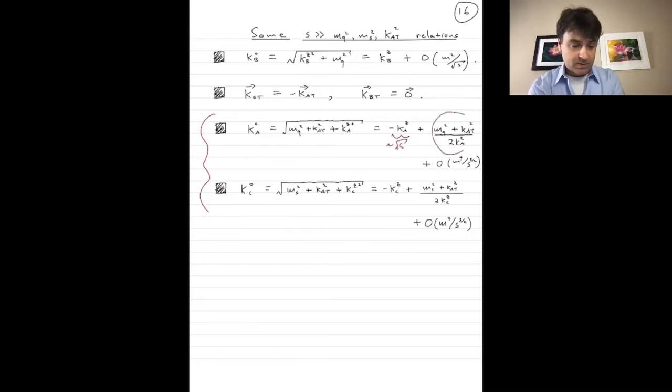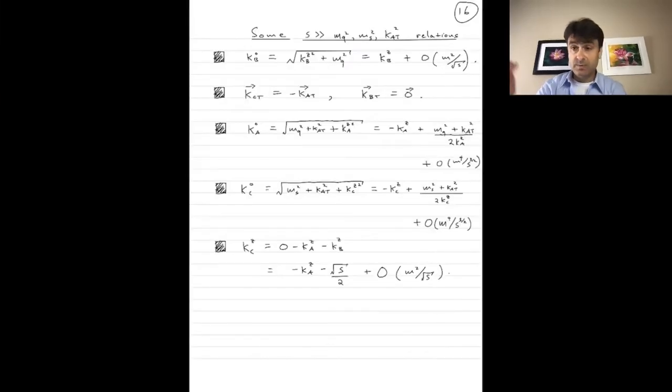And then that means that this term is roughly of size m squared over square root of s. And then the next suppression leaves me with something like this. Okay, and then I can do a similar type of expansion for Kc0, the energy of the C particle, the scalar.